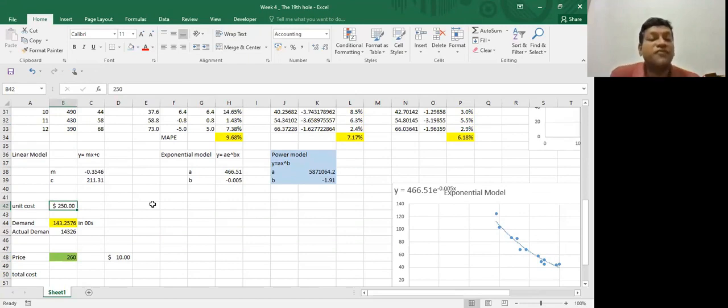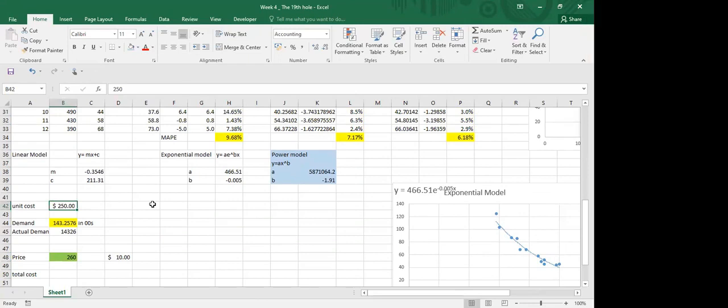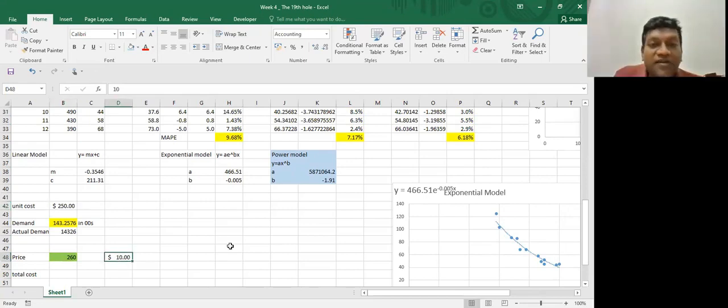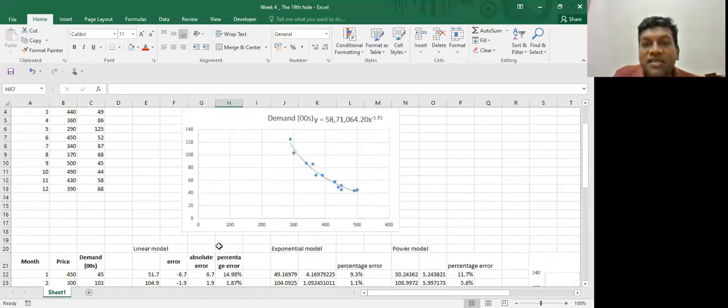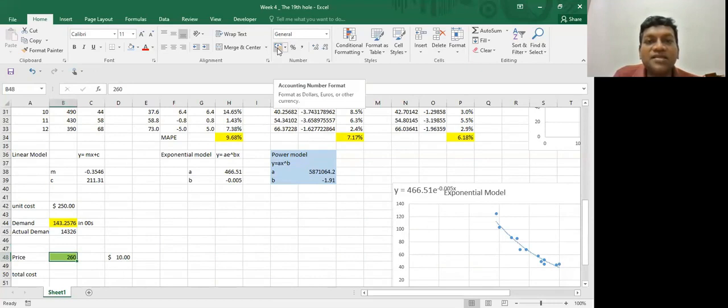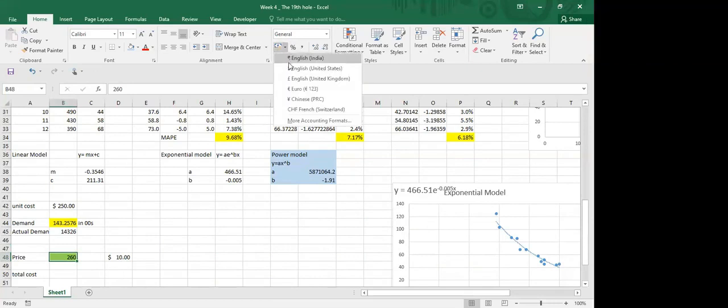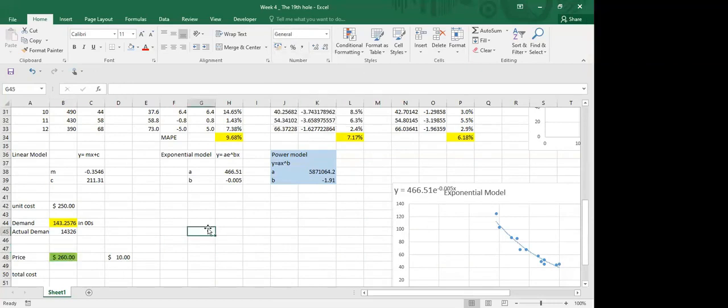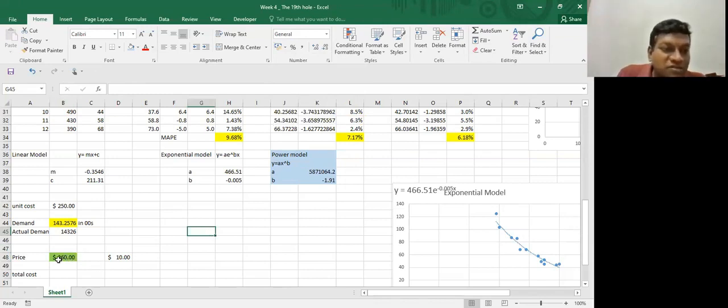If the unit cost is 250, will you sell it for less than 250? No. And the question also says prices are in multiples of 10. So if your unit cost is 250, you will be selling it for at least $10 more. That's our initial estimate. Let me put it as dollars. So the price is $260.